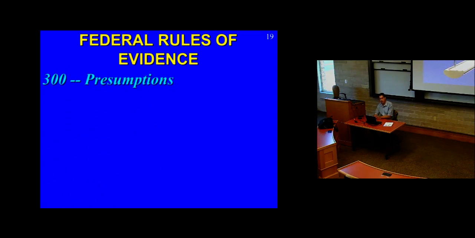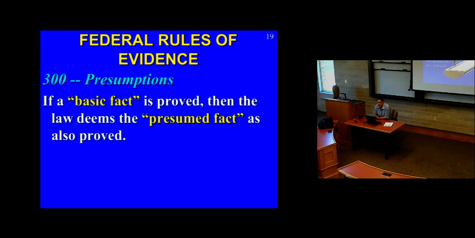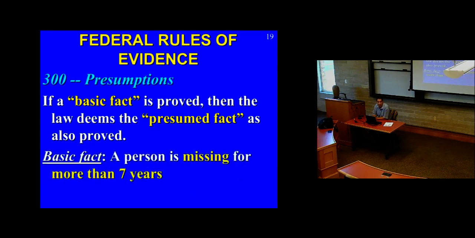Okay, the 300 series. These are presumptions, and the idea is that if you can prove a basic fact, then the judge will say, all right, if you proved A, then we will presume that you have proved B, whatever that proposition is.